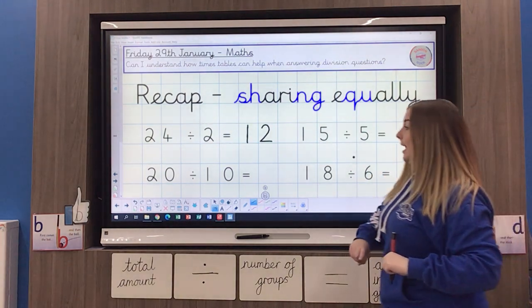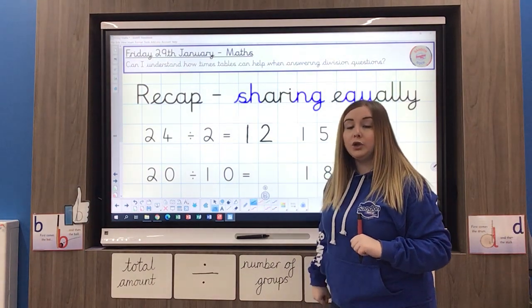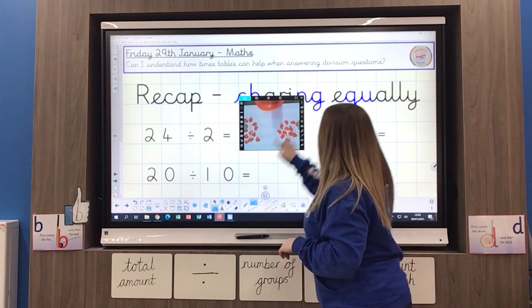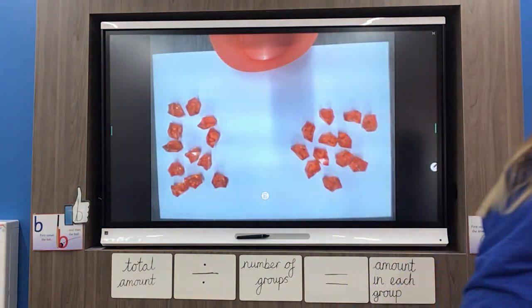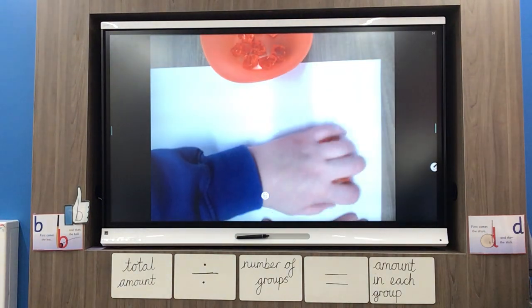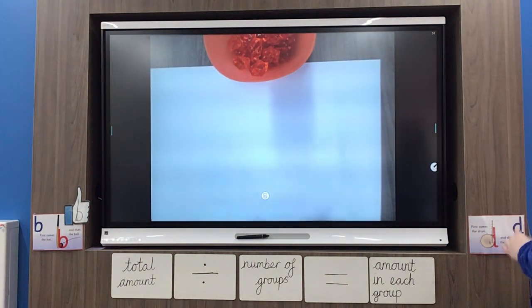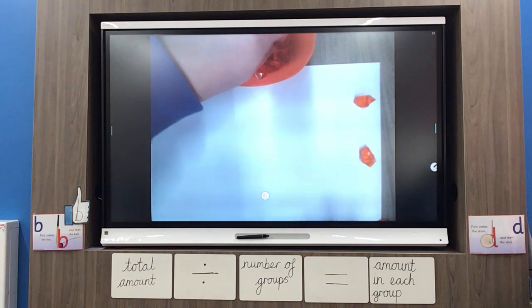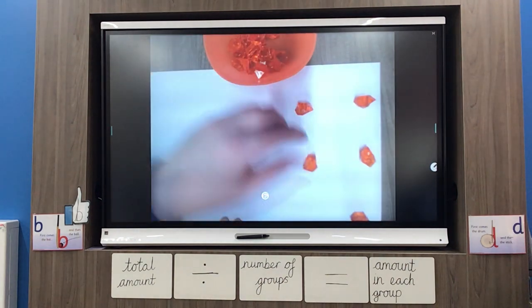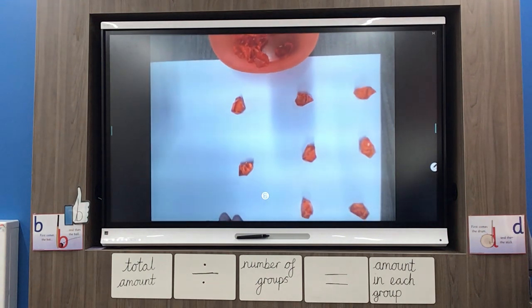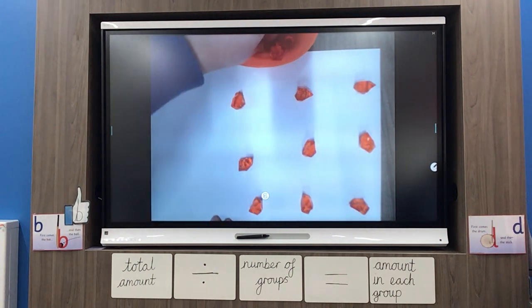Let's have a go at this one now then. So 20 divided by 10. So this time I need 20 gems. So I'm just going to take 3 and I'm going to share them into 10 groups. There's my 10 groups.